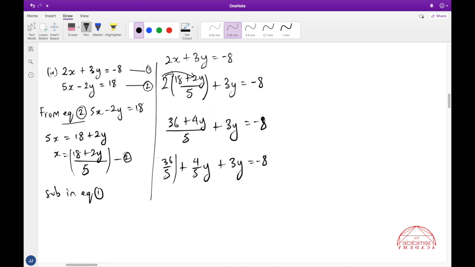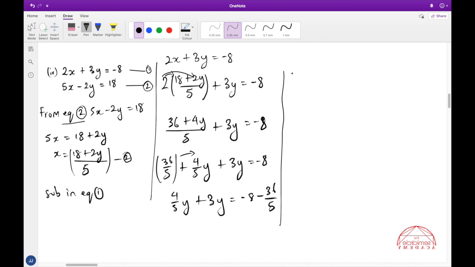Let's just take this 36 and throw it across. So I now have 4 over 5y plus 3y is equal to negative 8 minus 36 over 5. Now, what is 4 over 5 plus 3?